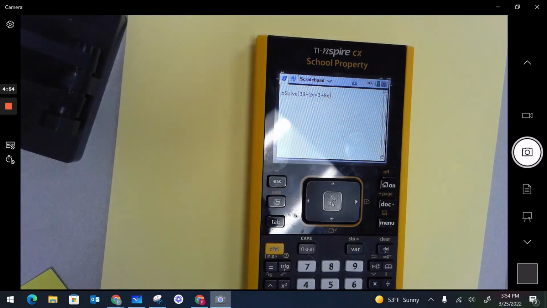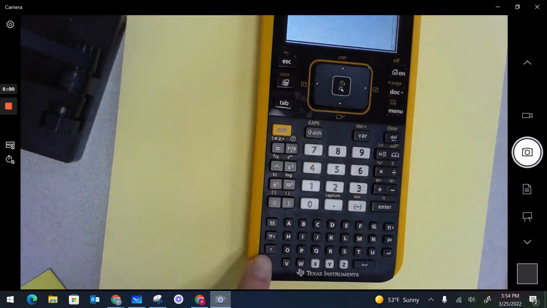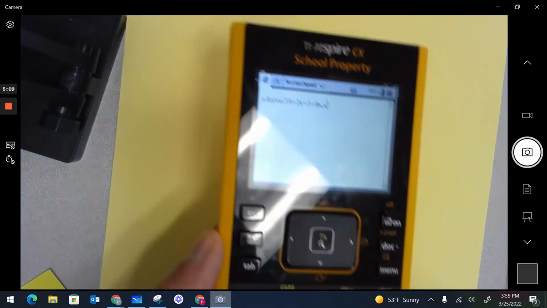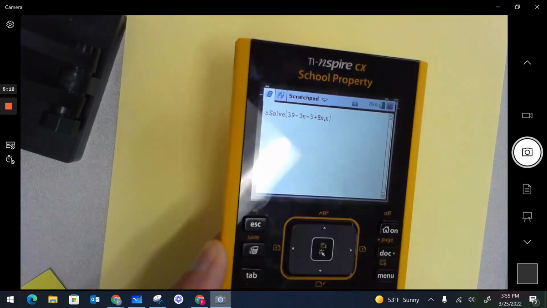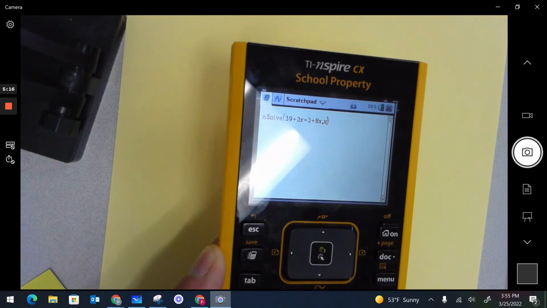After I type in the equation, I put a comma. Comma is at the bottom left of your calculator, over here. So comma, and then the variable that you're trying to solve for, x. So I have my equation, comma, and then the variable that I'm trying to solve for.